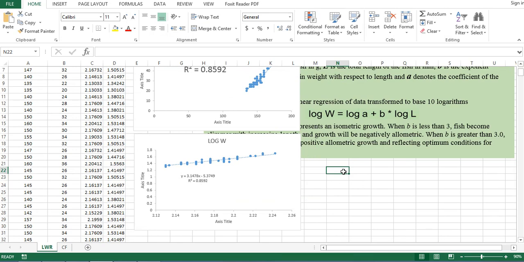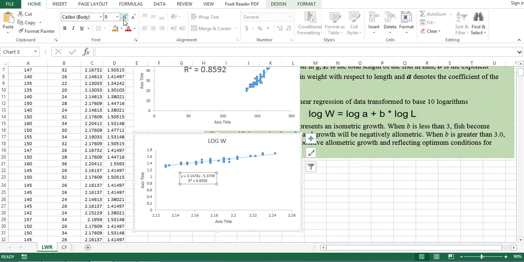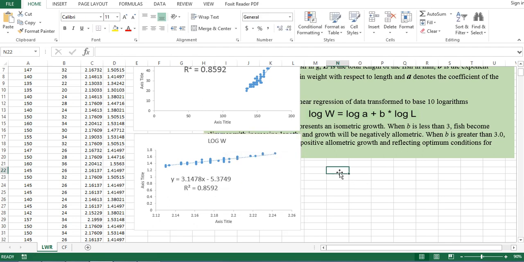So intercept and slope we are getting here. So your weight is equal to 3.1478, that is the b, into x, which means your length, and minus that function is the a. But in this transformation, this is not the a, this is the a bar, a dash or a bar.